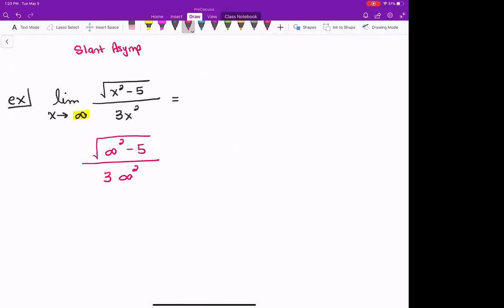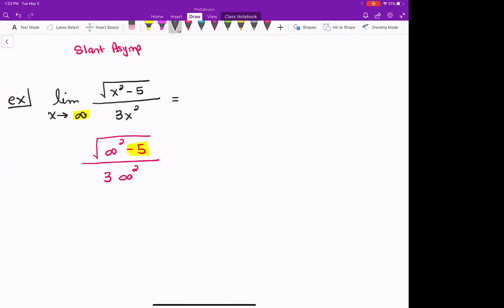Now, when we get really, really, really big, this whole minus 5 does not really make a big deal. You plug in a really big number, you square it, you subtract 5, it's not making much of a difference in the infinite world.